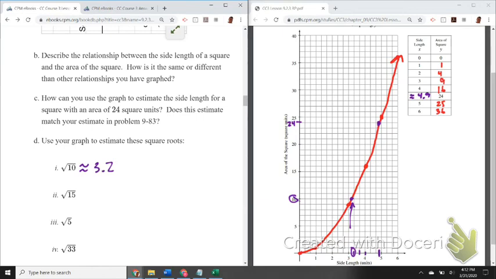Square root of 15, again, we're going to estimate what that value is right there. And that value is just a hair under 4, so I'm going to say it's about 3.9. Right? What is the square root of 5? Well, if I were to look at my graph, it's just a little bit more than 2, so I'd say 2.2.